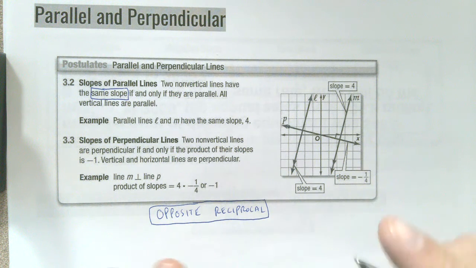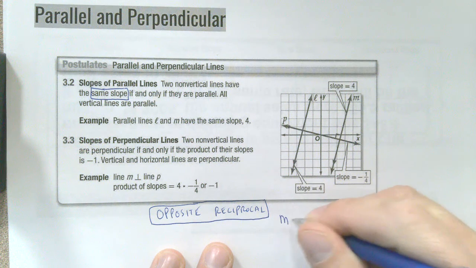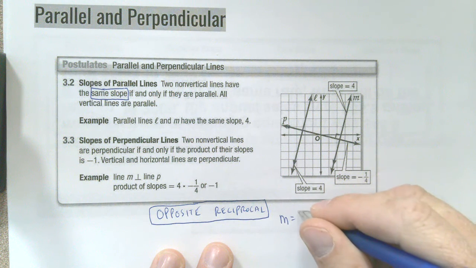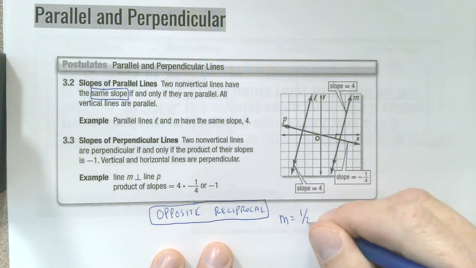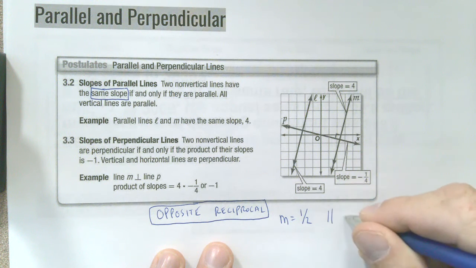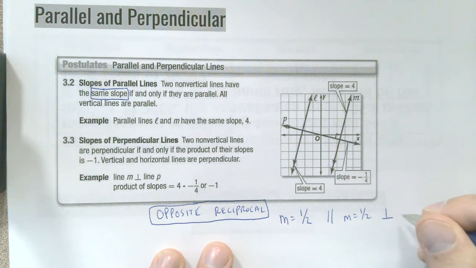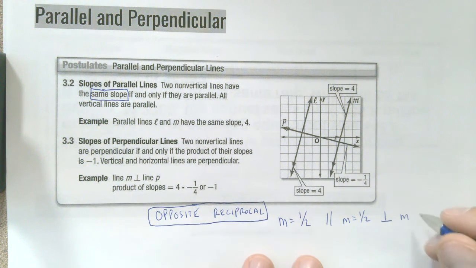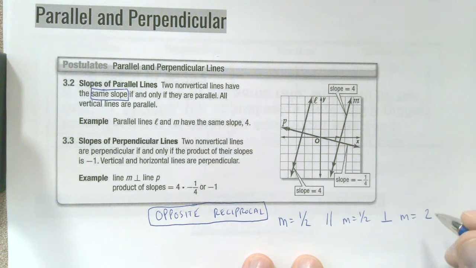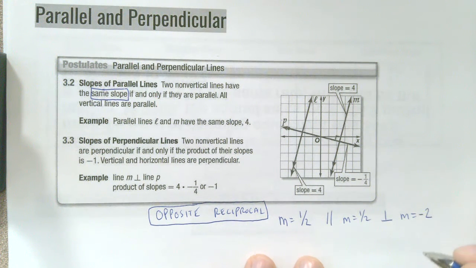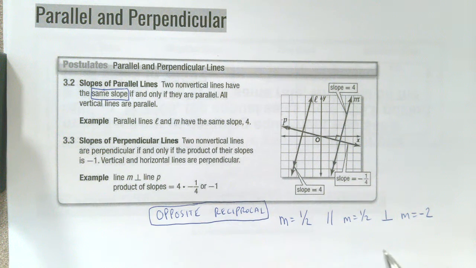So we'll do a few examples of that. If I told you that the line has a slope of, let's say, 1/2, the parallel slope would also be 1/2. The perpendicular slope would be, we would flip it. So when you flip it, that's 2, and you take the opposite sign, that's -2. So parallel is the same, perpendicular is opposite reciprocal.